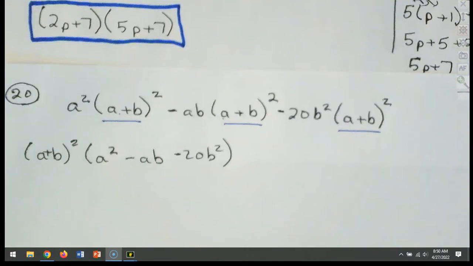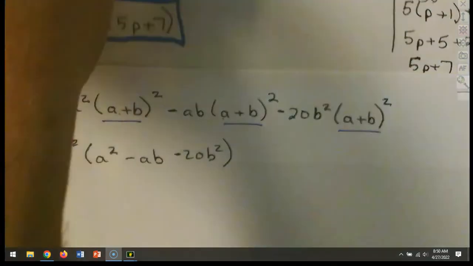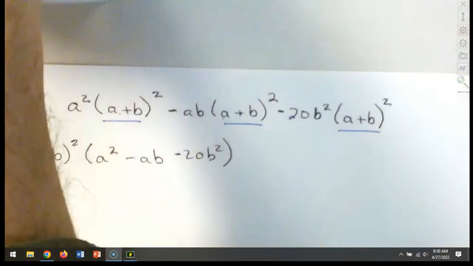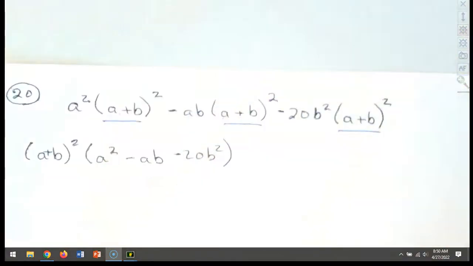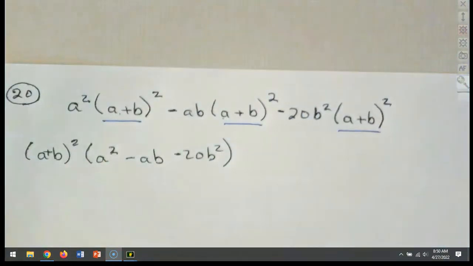I'm not going to work this one completely out, but I will get you to the factor by grouping step, and then you should be able to finish it from there. So we'll do a couple more steps, and then I'll leave it for you to finish.